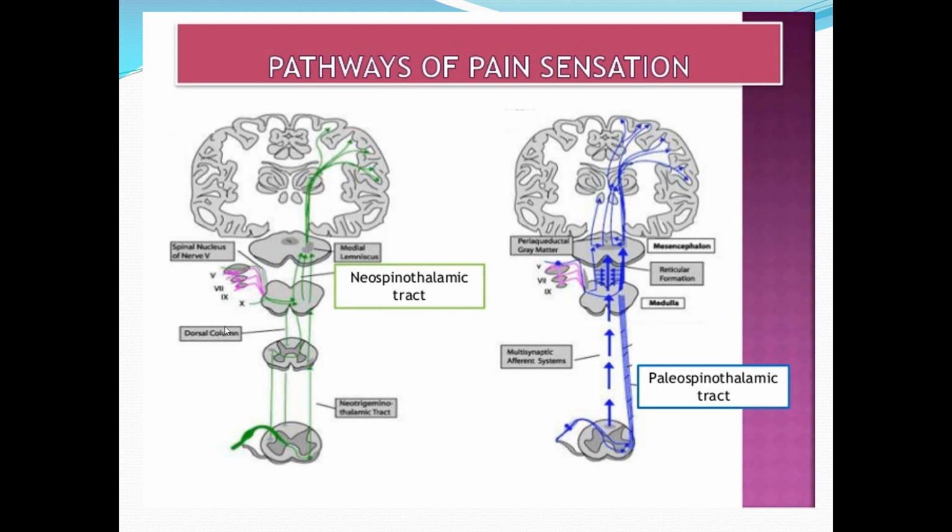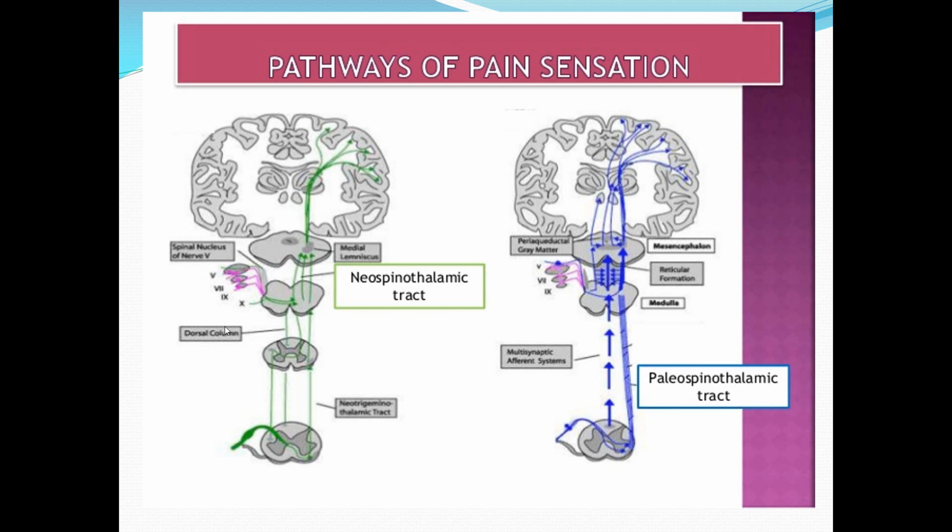Now you can see this paleospinothalamic tract, you can see that as this anterolateral pathway goes up, they are going to have connections with the reticular formation at the same time, and they are going to give rise to the fibers again to the thalamus, then to the primary sensory cortex, and in this way we have the two types of pathways for pain sensation.